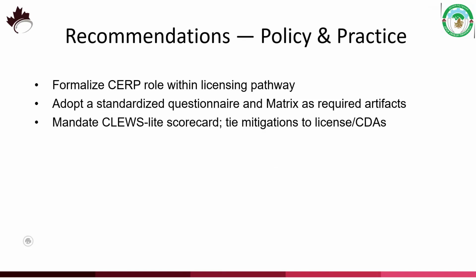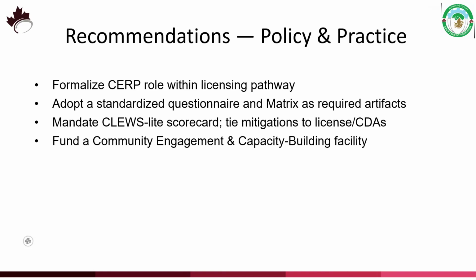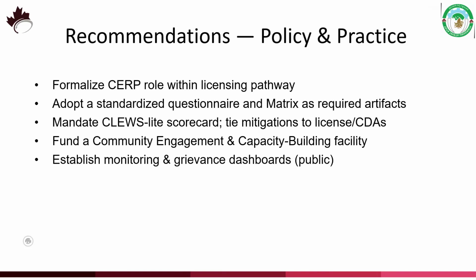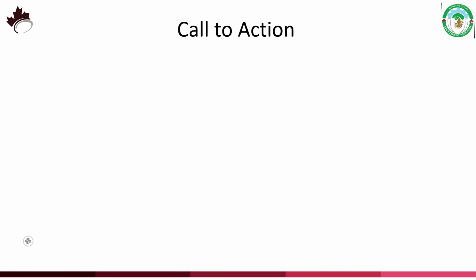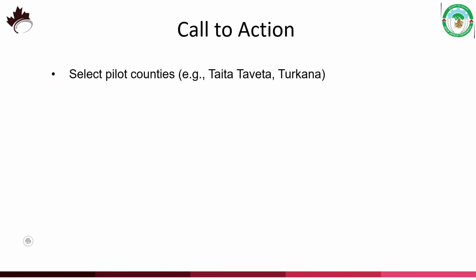We want to mandate a CLUES-led scorecard and tie mitigations to licenses and Community Development Act issues. We want to fund a community engagement and capacity building facility, and we want to establish monitoring and grievance dashboards for the public.